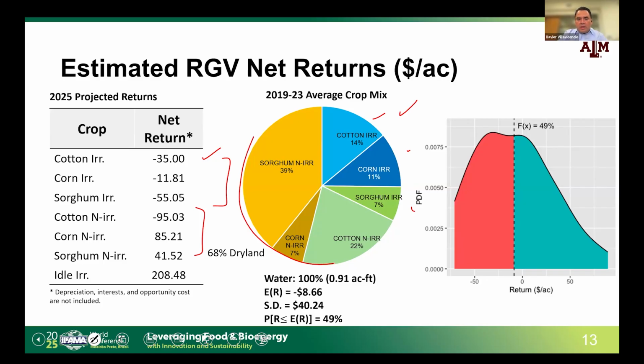We are taking into account that we are using 100% of the available water, and the expected return of this situation, the one that we see in reality, has been negative $8.66, okay? With a standard deviation of $40 and with a probability of an outcome below negative 8.66 of 49%, okay? And this is the distribution of the returns here.